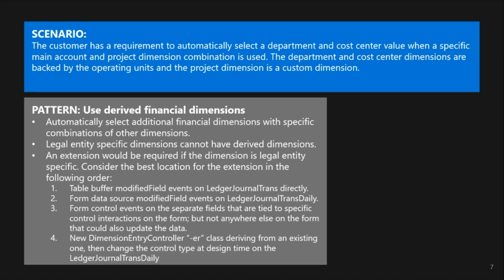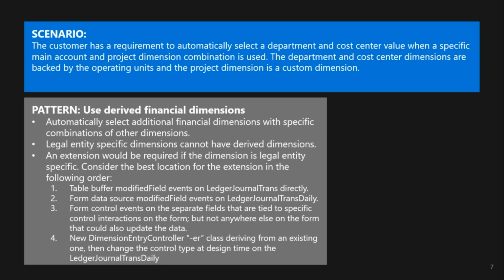And the guidance for the extension would be to target the general journal or whatever specific form you need this behavior on, such as Ledger Journal Trans Daily, which is the general journal form. You might also do it at the table level for Ledger Journal Trans, where it would catch all of the journals if you need to do it for legal entity specific.